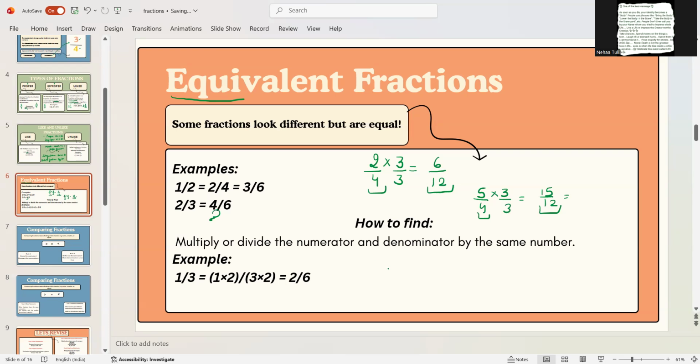Let me take you one more example. That is 3 upon 7. If we multiply 5 on the numerator and denominator both, we will get the fraction, that is 15 upon 35. So 15 upon 35 and 3 upon 7 both are equal fractions. I hope you get it.